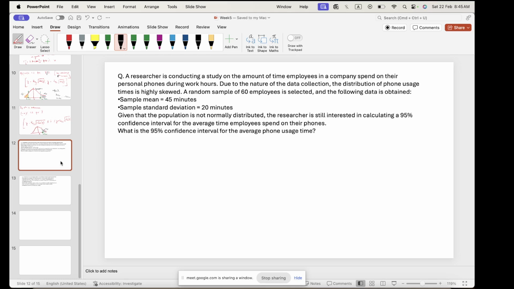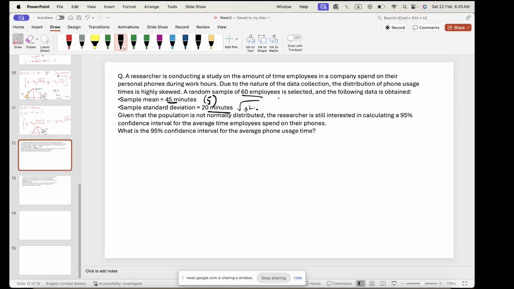A researcher is conducting a study on the amount of time employees in a company spend on personal phones, and the distribution is skewed. A random sample of 60 employees is selected, following data is obtained: sample mean, sample standard deviation. So this is actually square root of S square, and this is y bar, small y bar. Given that the researcher is still interested in calculating 95% CI.